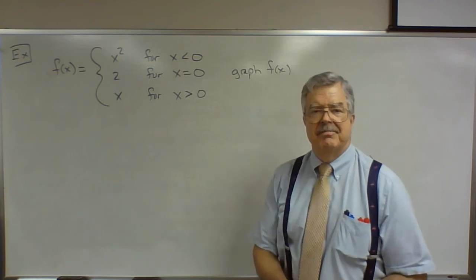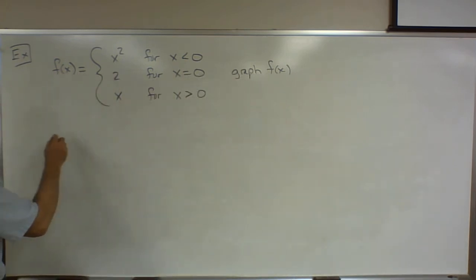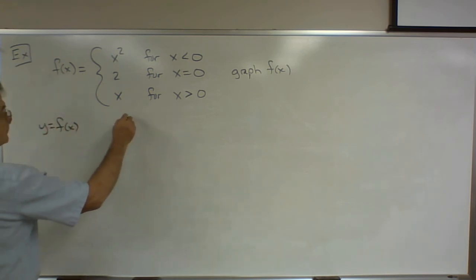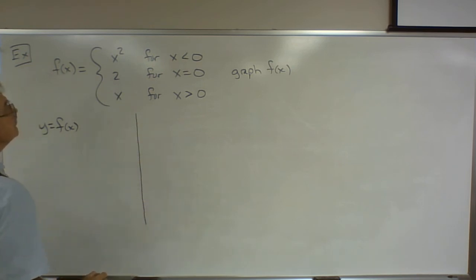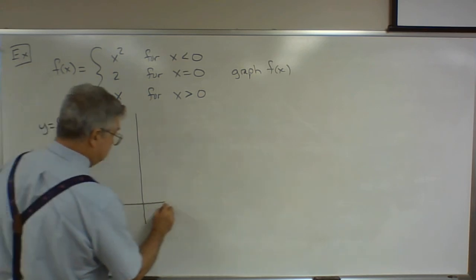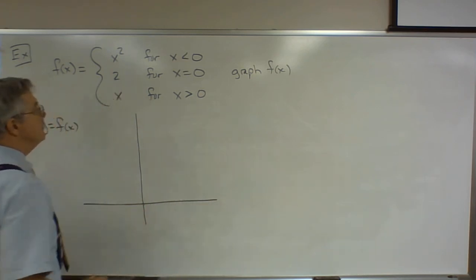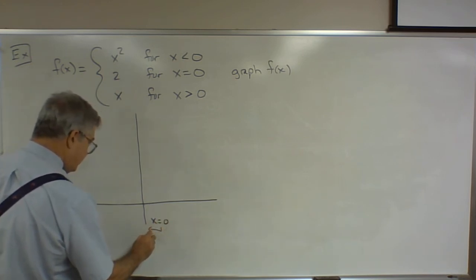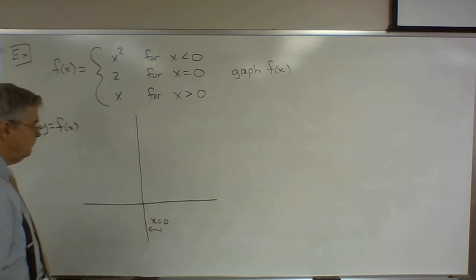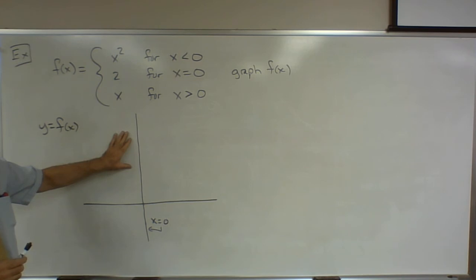We're going to graph this baby. And right here at x equals 0, which incidentally is another name for the y-axis, at x equals 0, this is where things really get interesting.